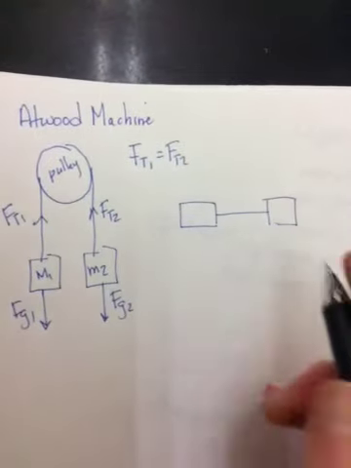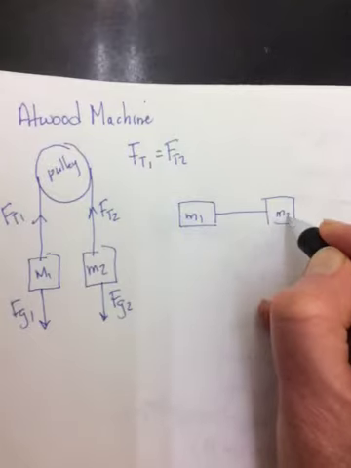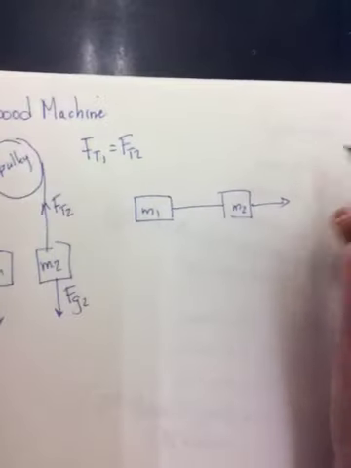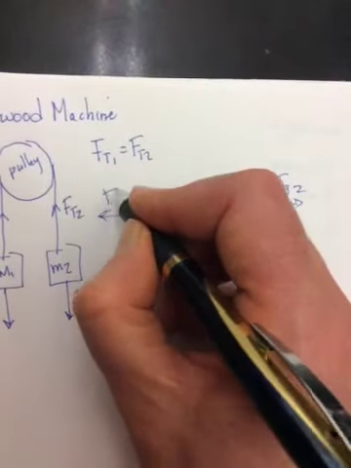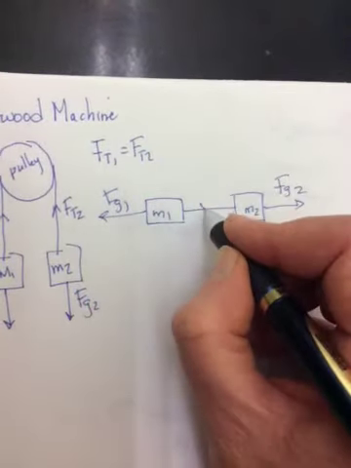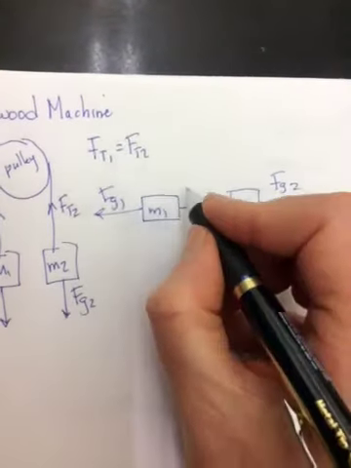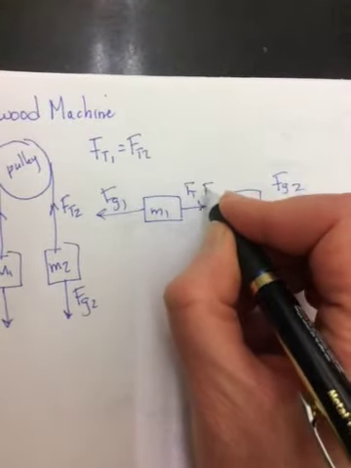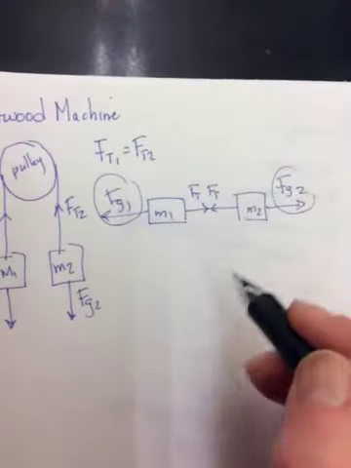This system that's moving on a pulley is exactly the same as if we drew it in a straight line where M2 was pulling this, FG2 was pulling this way, and FG1 was pulling this way. And in here will be the FTs canceling each other out because they're just pulling opposite each other and they're equal. So what's going to determine if the system moves is these two guys.